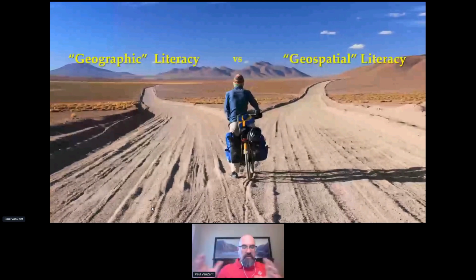She argues, and I tend to agree, that instead we need to think in terms of geospatial literacy, because I think this term falls more in line with other definitions of literacy, in that it's about communicating effectively through geospatial representations, with the emphasis here on the spatial, which is, of course, our bread and butter.